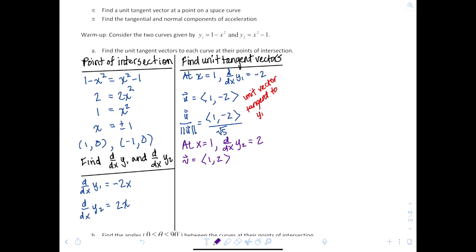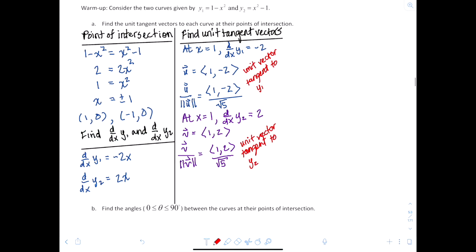And then vector v over the magnitude of vector v is equal to 1, 2 over, and again, aren't we going to have the square root of 5? Groovy? All right, perfect. Again, this vector now is a unit vector. It's at the point 1, 0, but now it's tangent to y2.